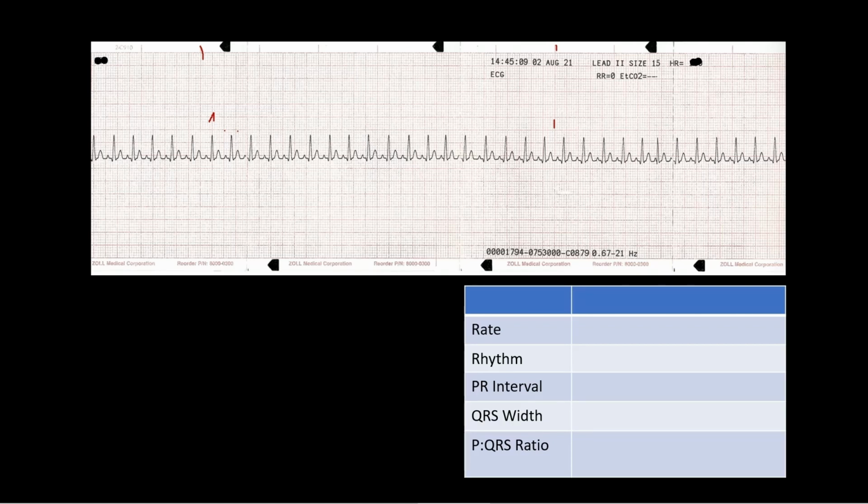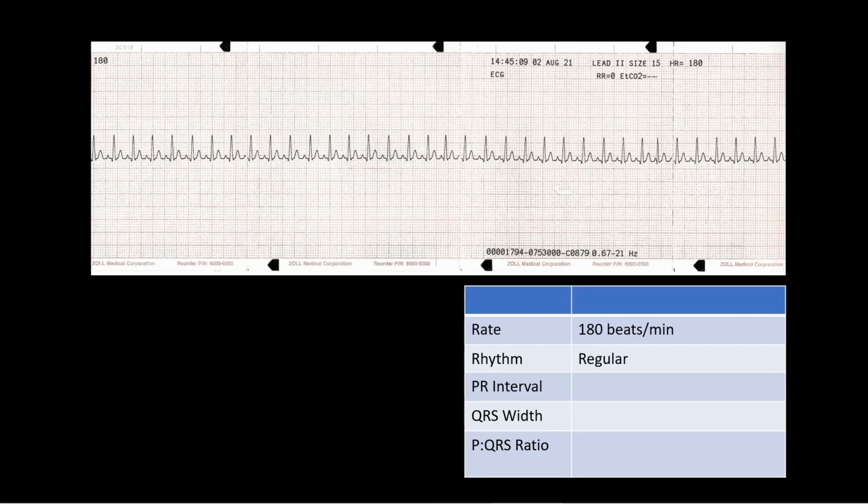Well, if we multiply that by 10, it would give us about 180. What we said before was between 300 and 150, so would 180 be appropriate? Well, yeah, it sounds like it could fit. If we look at what the rhythm's telling us now on the monitor, it's 180 beats a minute. Now, 180 beats a minute is significantly faster than what, 100. So we know this couldn't be normal sinus, but let's keep looking.